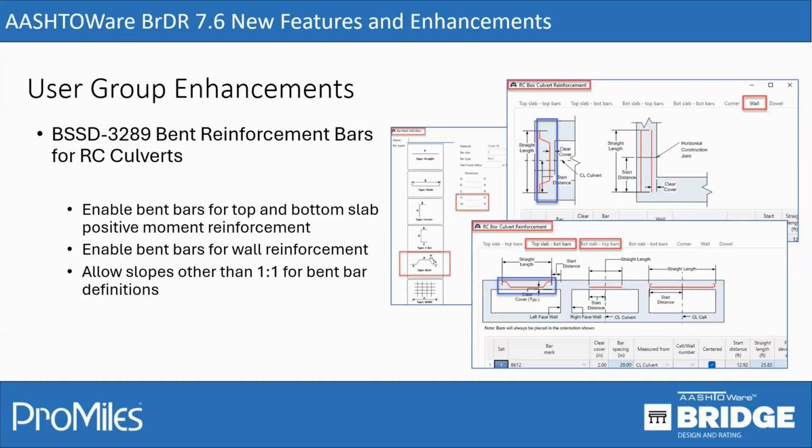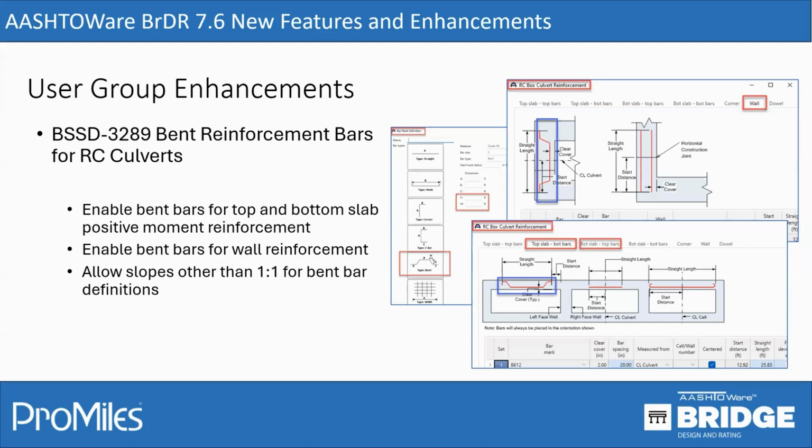So this enhancement adds bent reinforcement bars that you can also assign for positive moment for culvert top and bottom slabs, and you can also define and assign those for wall bars.